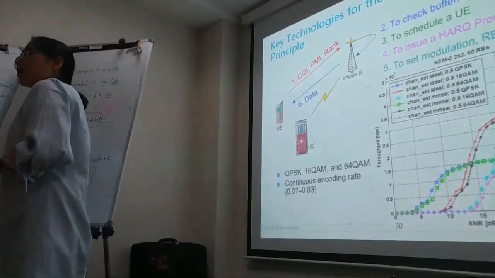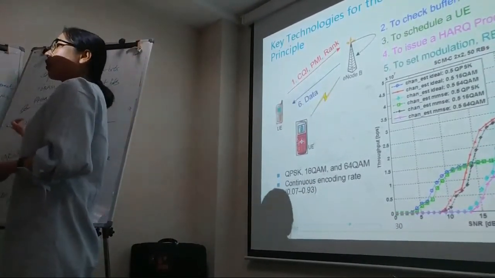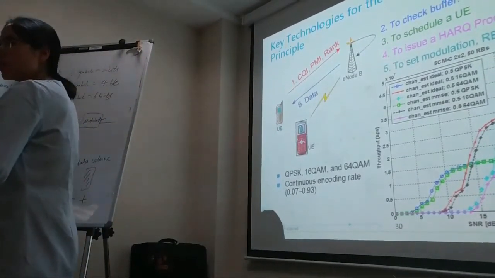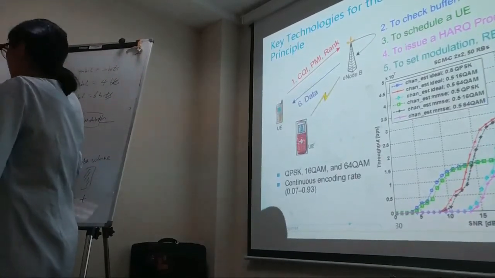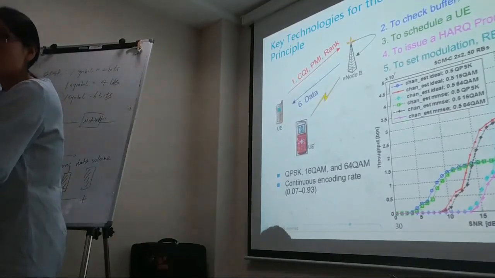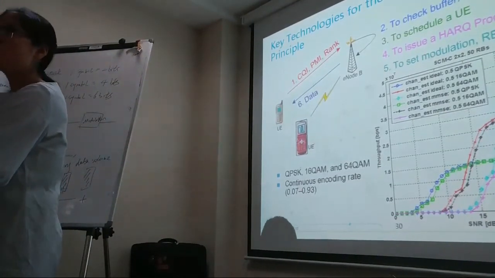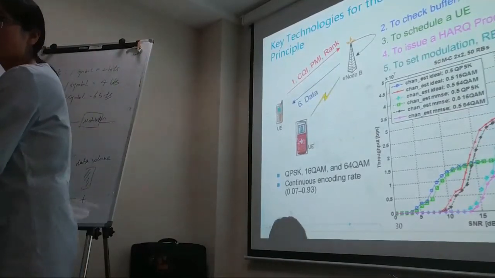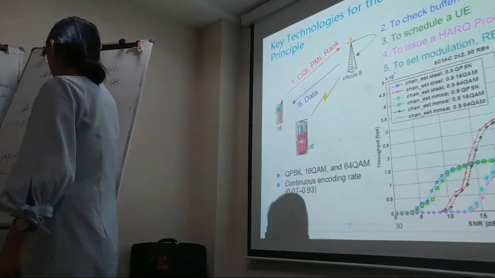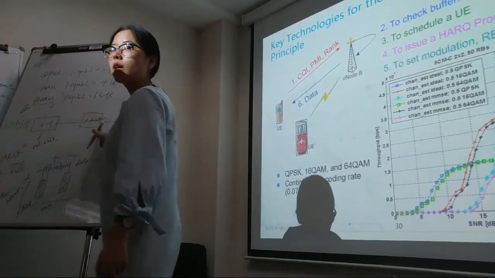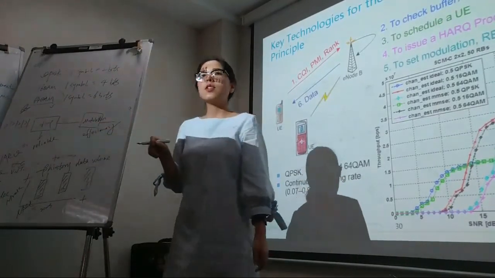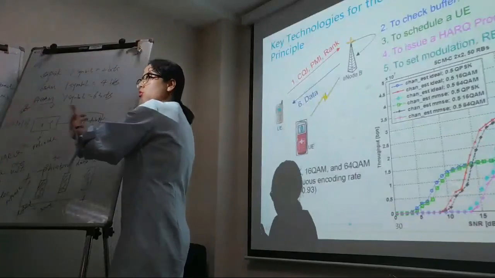But in order to guarantee reliable transmission, the NodeB or UE will use channel coding. The channel coding adds some redundancy. That means it's extra, just to guarantee the data transmission. So here is to guarantee reliability, and here is to guarantee efficiency, right? These two are different.